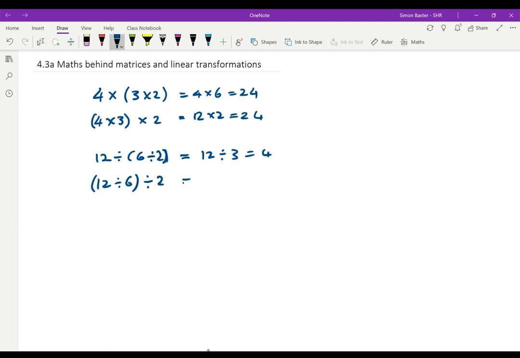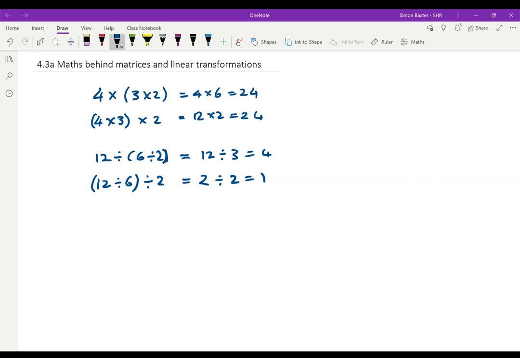And the bottom line gives me 2 divided by 2, which is 1. And they're not the same. We can talk about multiplying three numbers together, but I don't think you've ever heard anyone talk about dividing three numbers together. In exactly the same way, we can add three numbers together, but we can't subtract three numbers together.